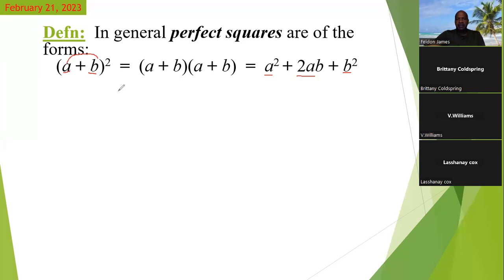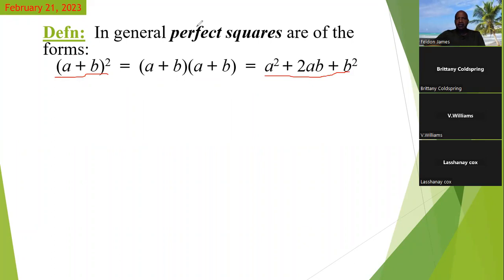And so these are the features that we are going to use to identify our perfect square. Now, when we have these features of a perfect square, it is very easy to get from the expanded form back to the factorized form. Very easy to get from this back to that.